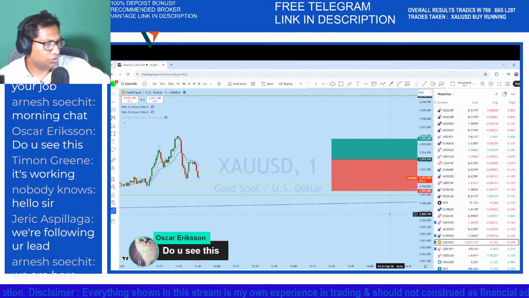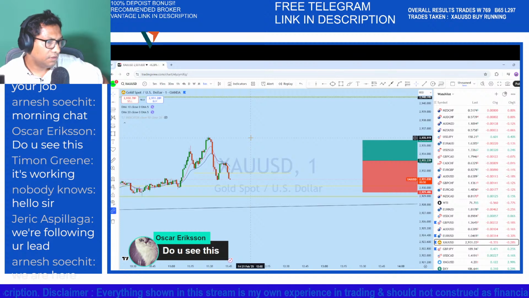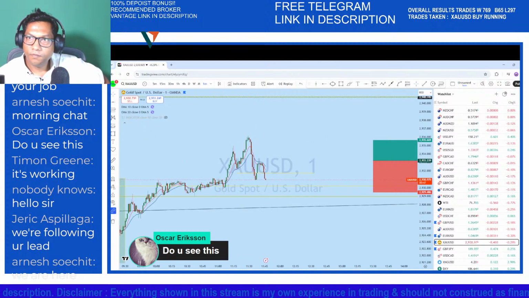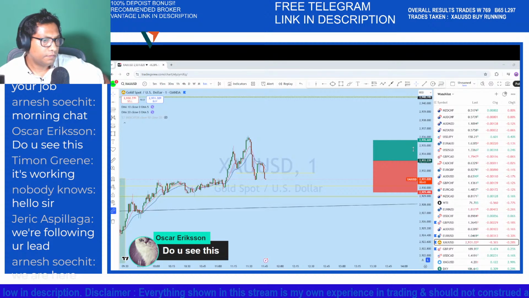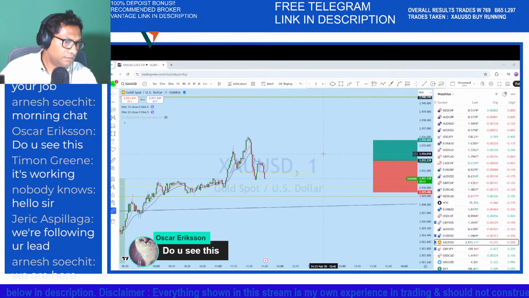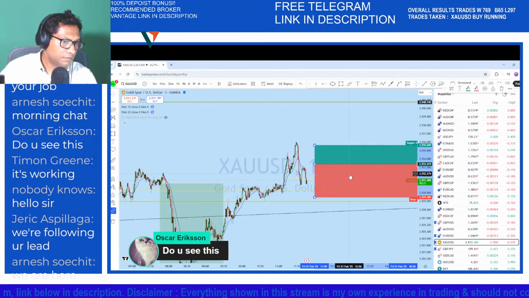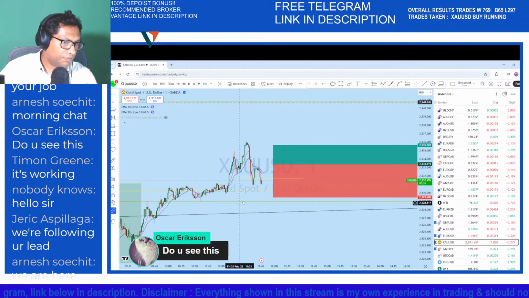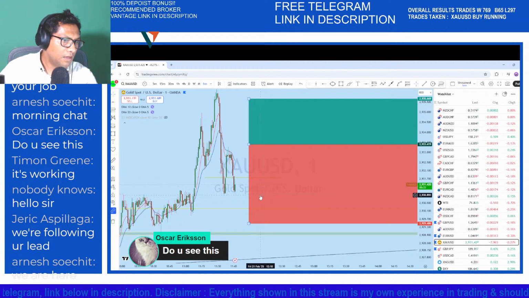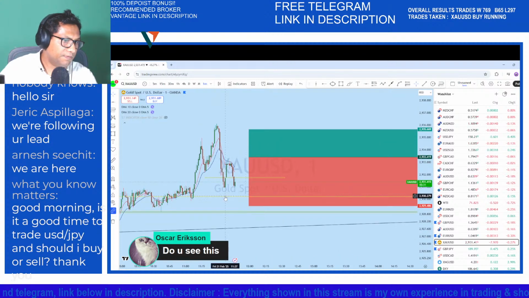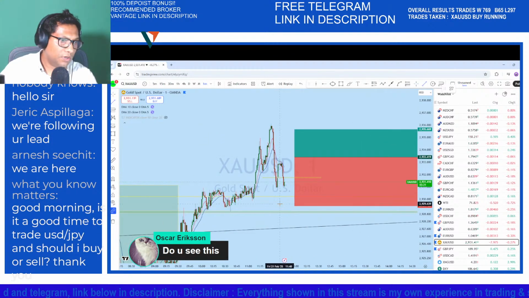So it might move sideways. So this is an uptrend. Bias is expected to the upside from this support level.